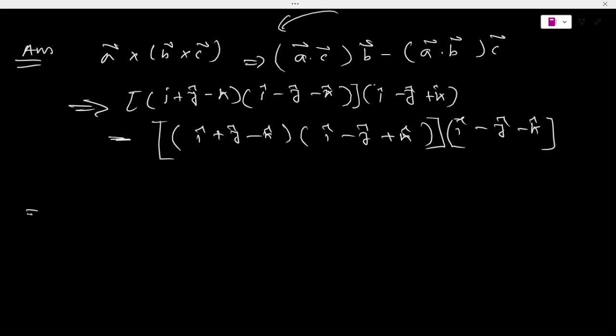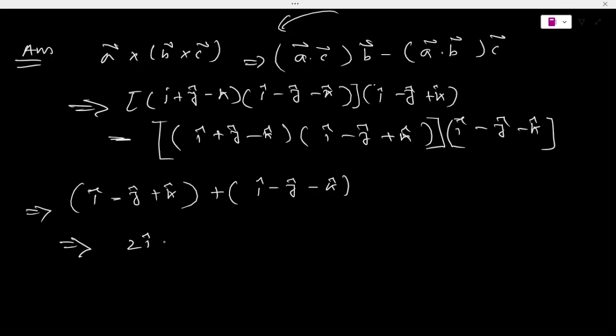The ultimate result will be i vector minus j vector plus k vector, plus i minus j minus k cap, so it will be around 2i minus 2j. This will be the ultimate answer, 2i minus 2j.